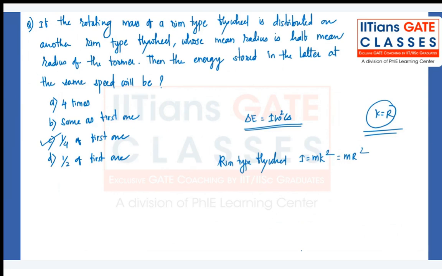It's directly proportional to the radius square, and if you reduce the radius by half, then half squared is 1/4. So here 1/4 is the answer.